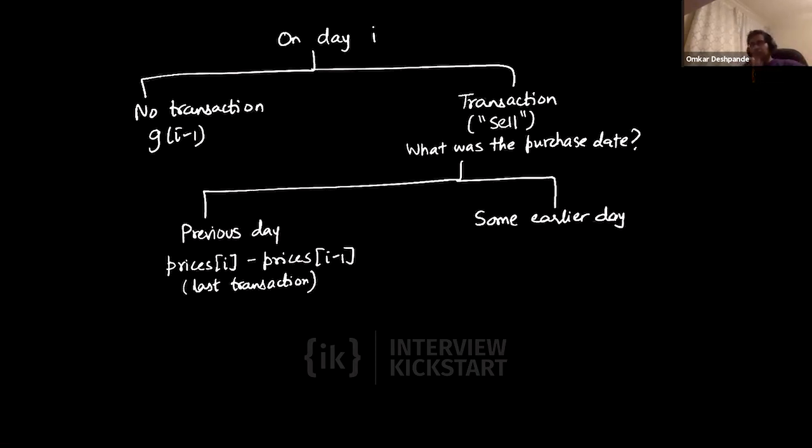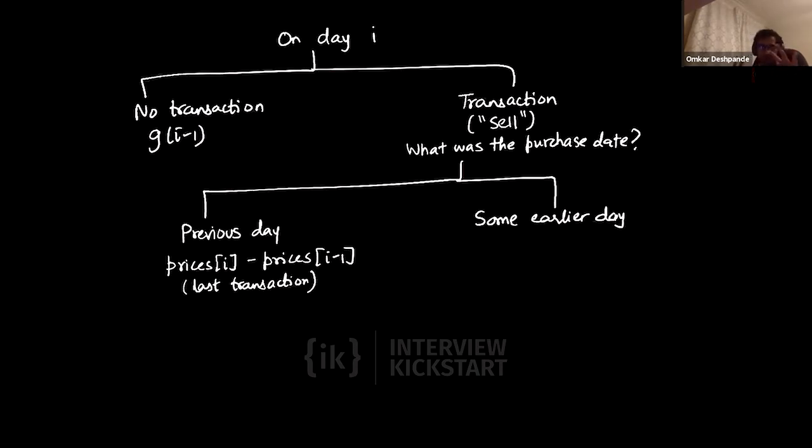If we look back to whatever is the best solution up to that point, that best solution could not have had a transaction ending on day I minus 1 or even on day I minus 2 for that matter, because there has to be this minimal cooldown period. So previous to index I minus 1, there could have been a sell up to index I minus 3.